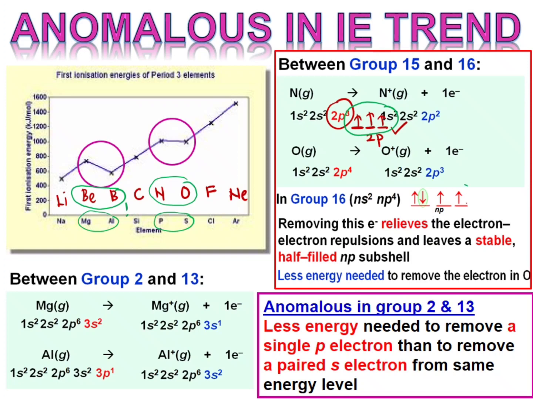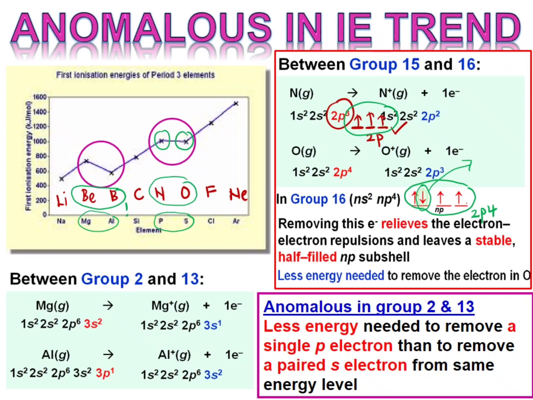Kalau oxygen, oksigen dia 2p4. So kalau you nak remove satu elektron yang ni, senang tak? Senang. Maksudnya kalau 3 orang adik-beradik, yang ni dia ada ekstra. Tak apalah, ambil lah satu coklat. Senang. So that's why you need less energy to remove electron in oxygen compared to nitrogen. So sebab tu berlaku penurunan dekat sini.